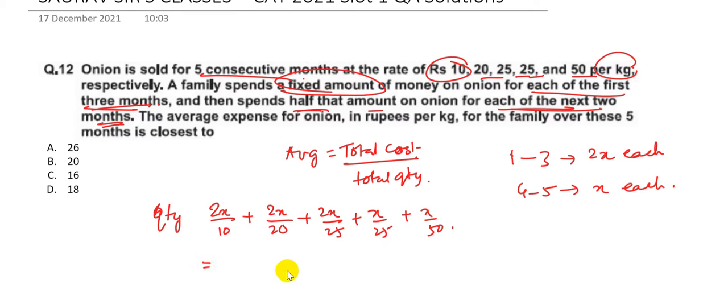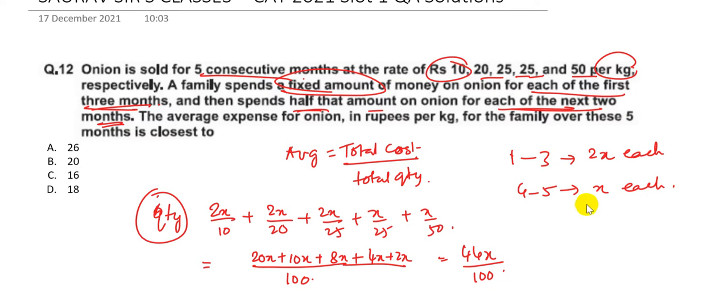If you take the LCM as 100, you get 20x plus 10x plus 8x plus 4x plus 2x, which is 30, 40, 44x by 100. This is the total quantity, and the total price will be 2x into 3 plus x into 2, which will be 6x plus 2x, 8x.